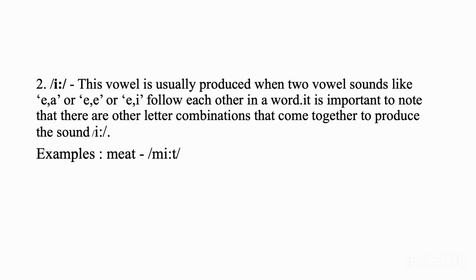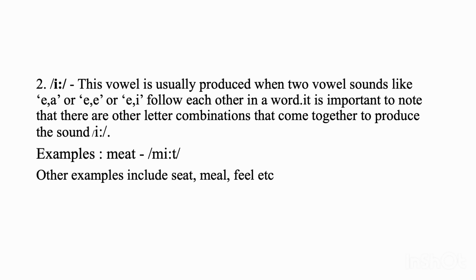So that is the long vowel there, and it is formed because the vowel letters E and A come together, and it stresses it. So when you are producing it, you produce it with extra force to place some kind of stress on it. And we have other examples of these two: seat, meal, feel, etc.